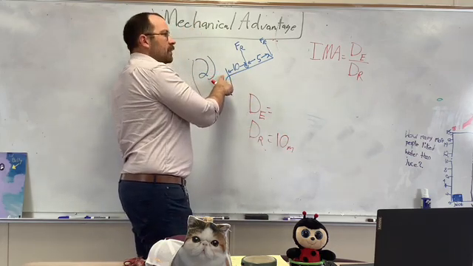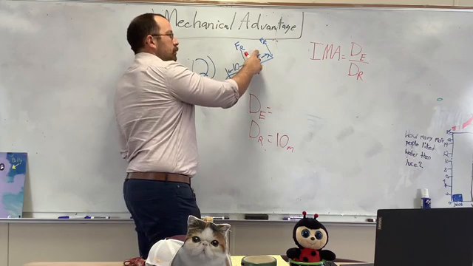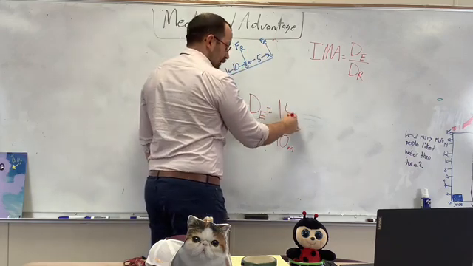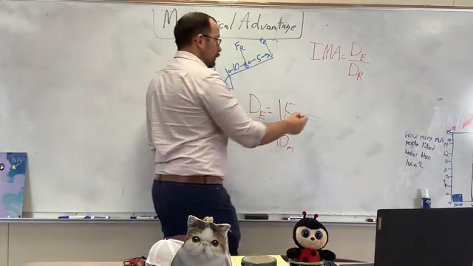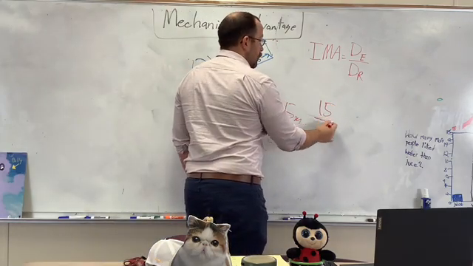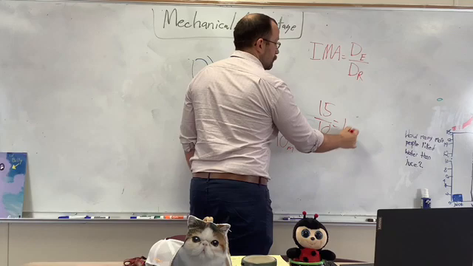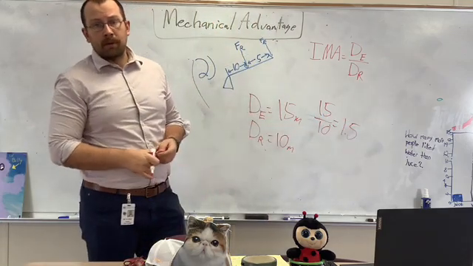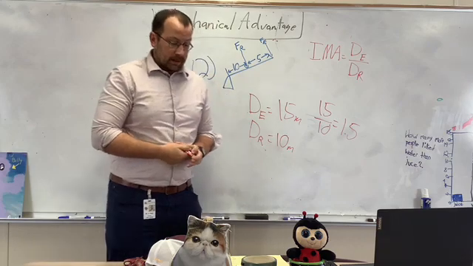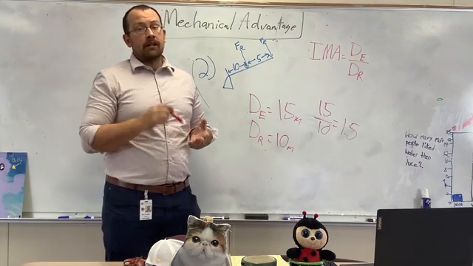The distance of my effort is 10 plus 5, which gives me 15 meters. Now all I have to do is plug it in. 15 over 10 gives me 1.5. It is unitless, it doesn't have a unit, so just 1.5. And that is how you do ideal mechanical advantage.